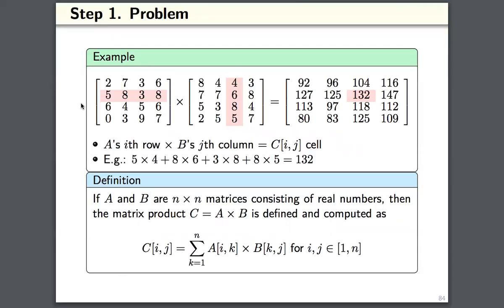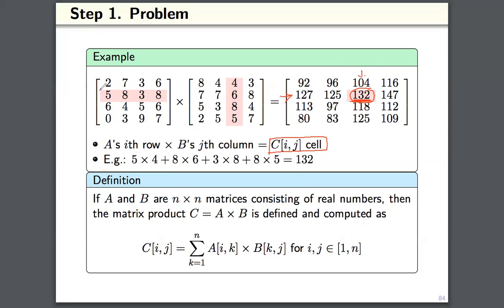So what is this matrix multiplication problem? Here we will majorly focus on square matrix multiplication. We are given two square matrices, A and B, and we want to compute the product of A and B. How do you define this matrix product? Consider this cell C of ij, highlighted here. How do you compute this? It is in the second row, third column.